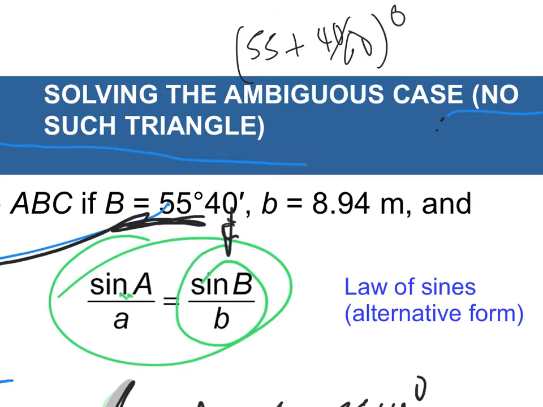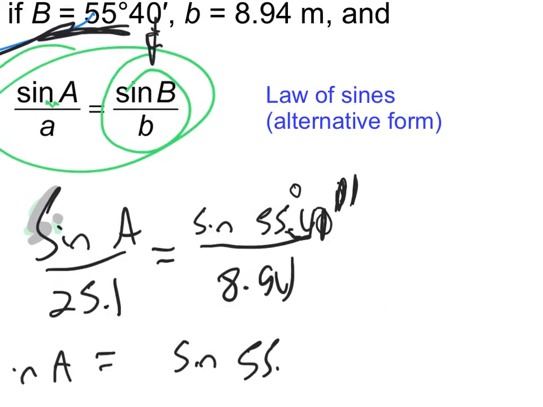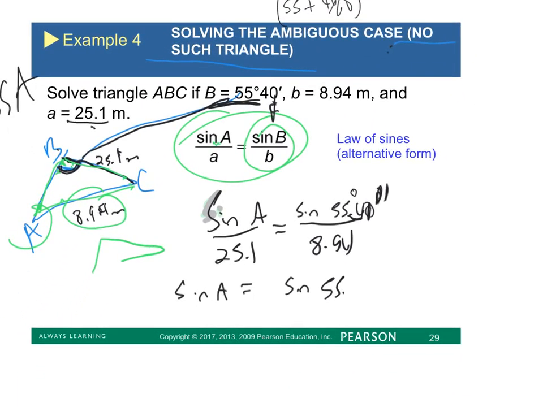So 55 degrees and 40 minutes. So we know how to key that in. 55 degrees, 40 minutes over 8.94 times the 25.1.